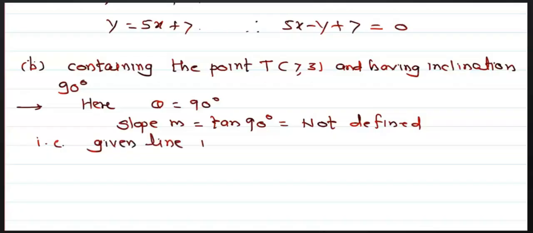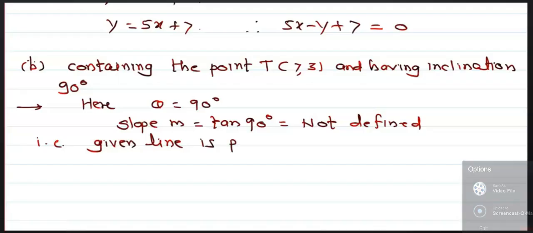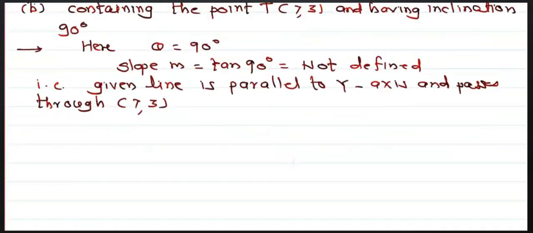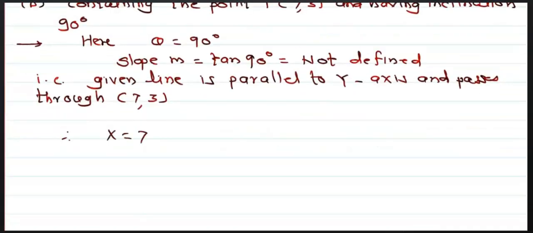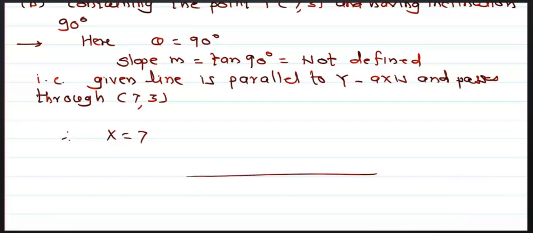When the slope is not defined, the line is parallel to the y-axis and hence its equation is x is equal to a constant. Therefore, x is equal to 7. This is the required equation of the line.